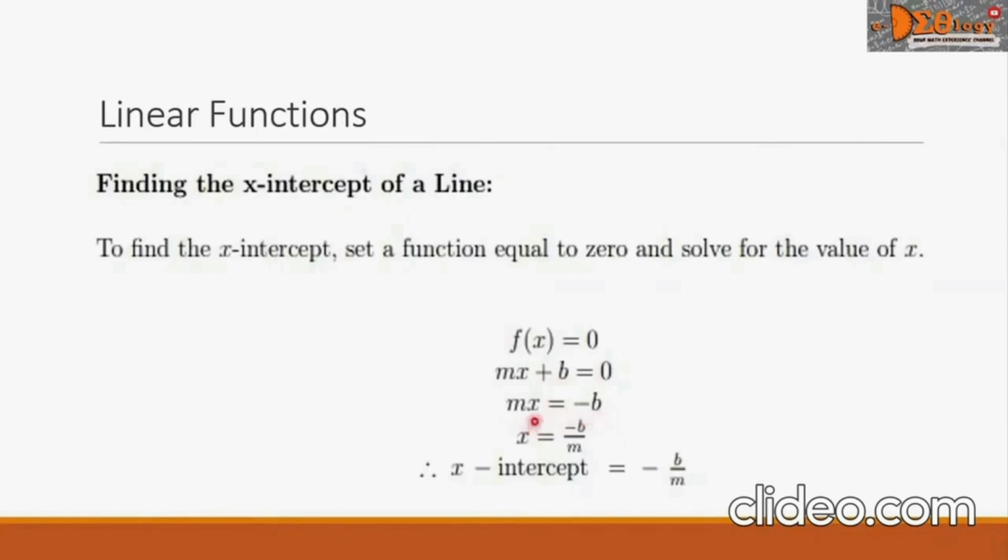Since we want to get x alone on the left side, we divide the equation by m. The m cancels out, only x remains, and this is equal to negative b over m. So the x-intercept equals negative b over m. We may use this formula to get the x-intercept.